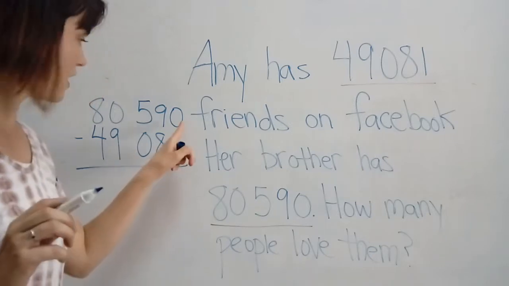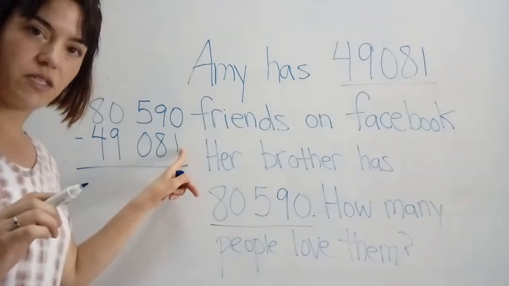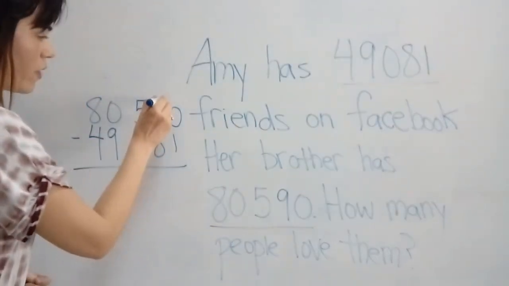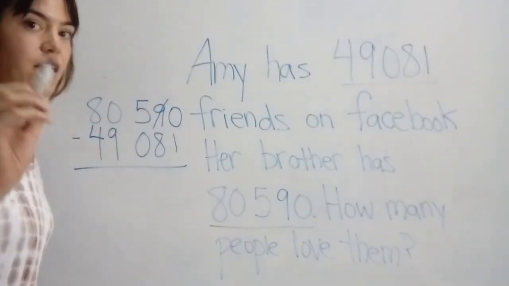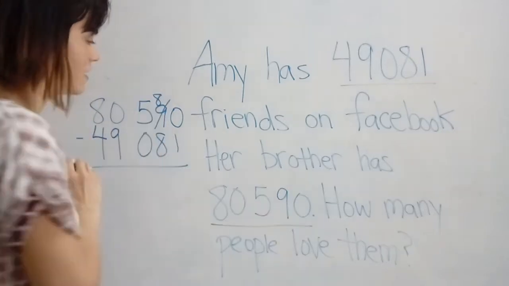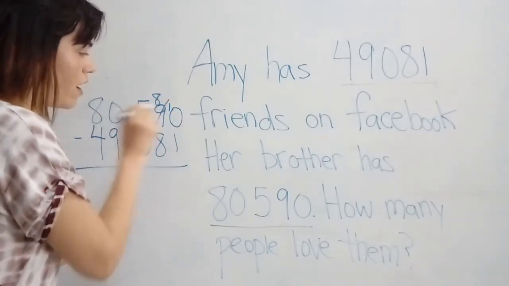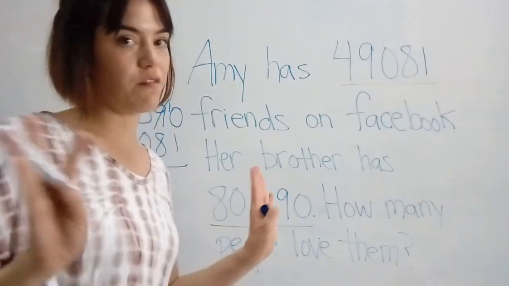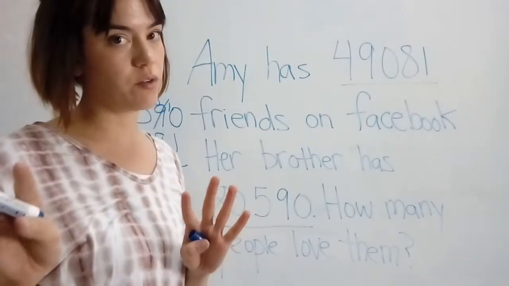Now the first thing I do is I say 0 minus 1. I can't do that because 0 is smaller than 1. So I cross off the 9. 9 minus 1 is 8. And I put a 1 in front here. So this becomes 10. This is stuff that they've learned way back in grade 2 or 3.